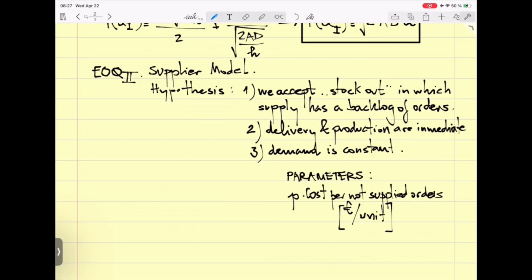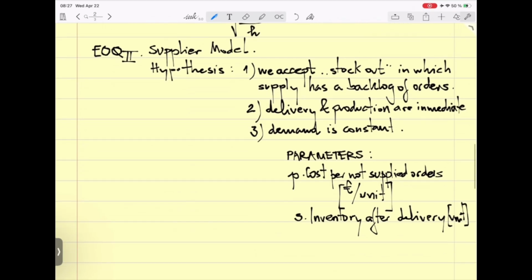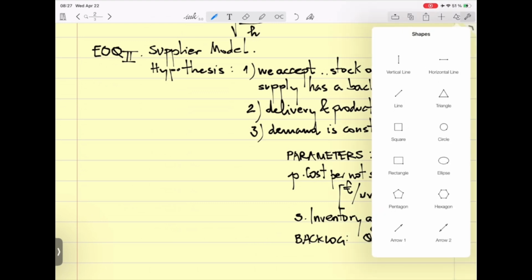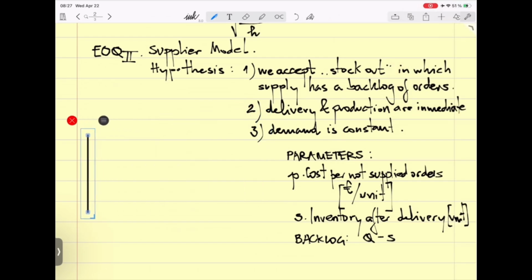And then S is the inventory after delivery, measured in units or in parts. The backlog as a result is Q minus S. Let's represent this in the form of a graphic to better understand it.